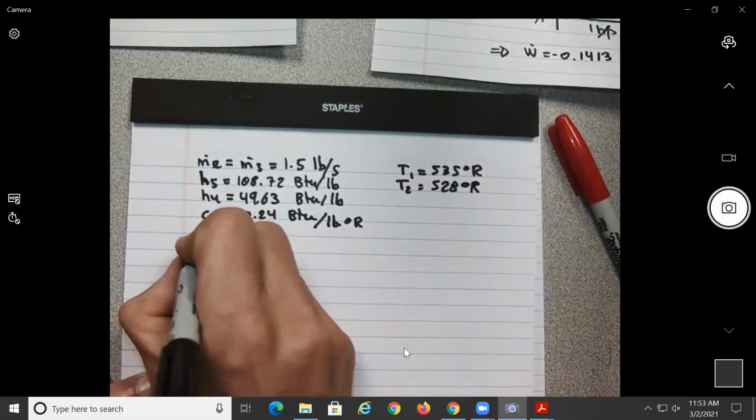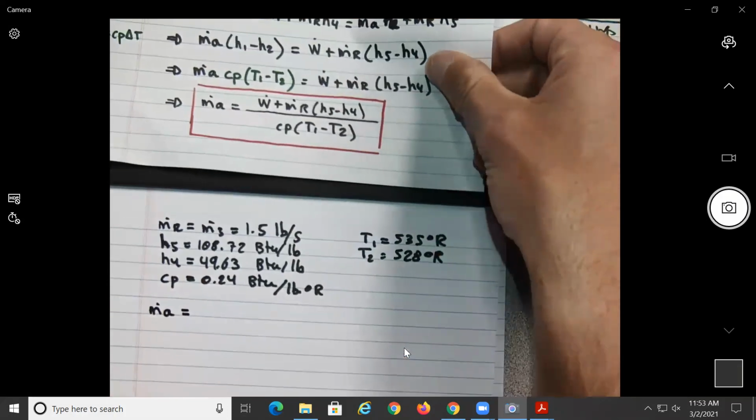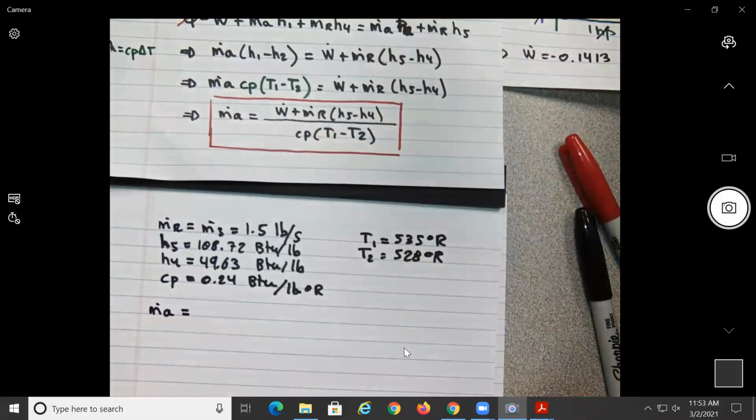This will give us the mass flow of air, and the equation on top will give us what?